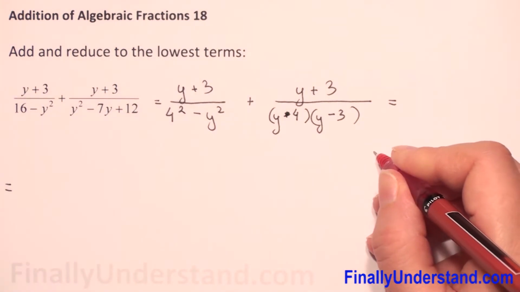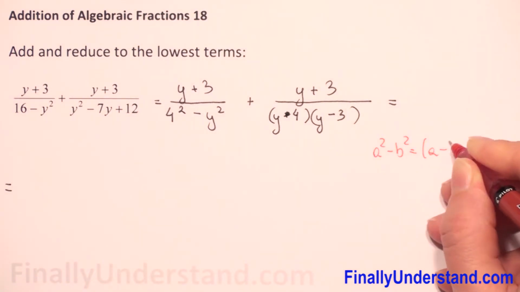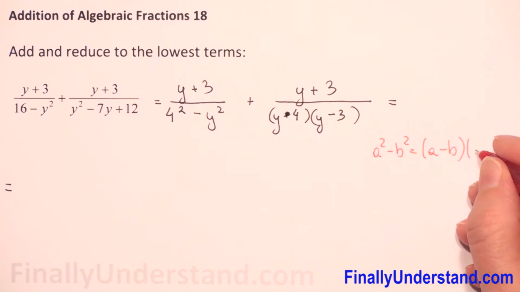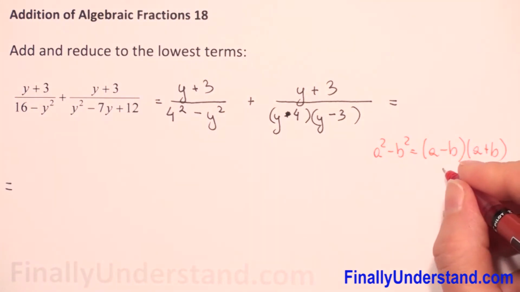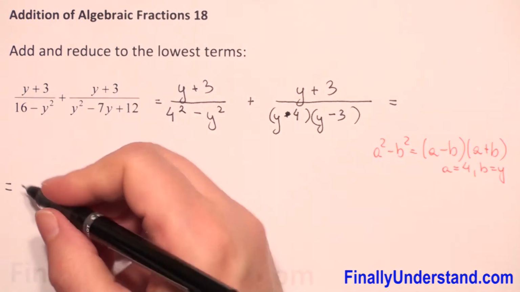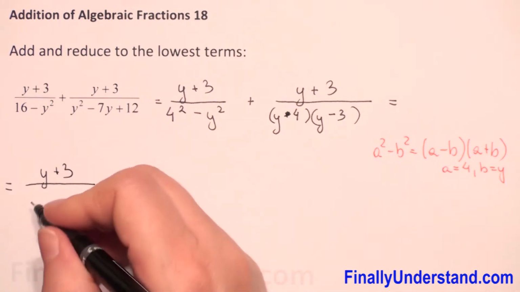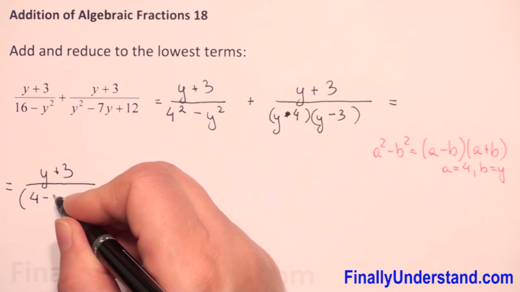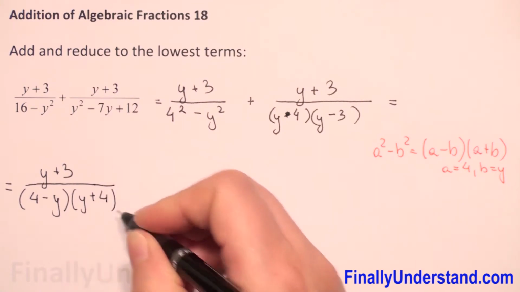We have a squared minus b squared equals a minus b times a plus b. A is equal to 4 and b is equal to y in our example. So the numerator we have to copy. We have y plus 3, and now we will have 4 minus y and 4 plus y in the denominator.